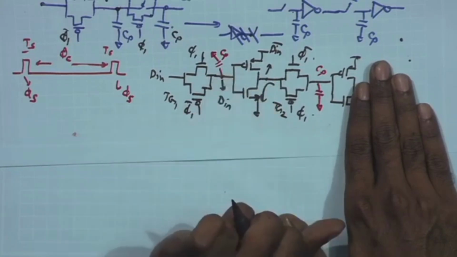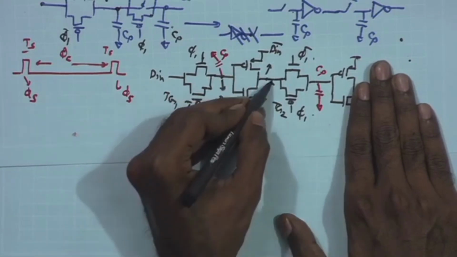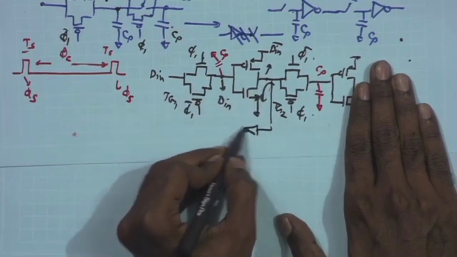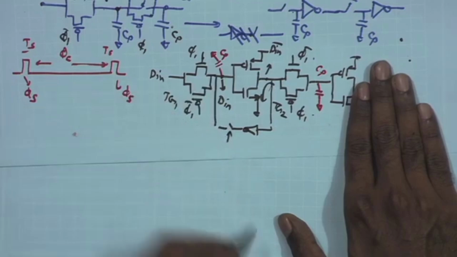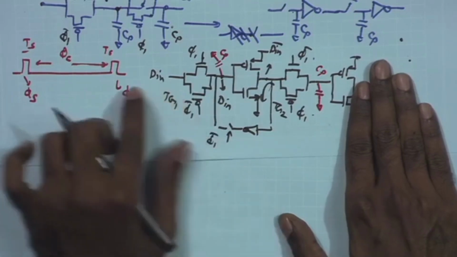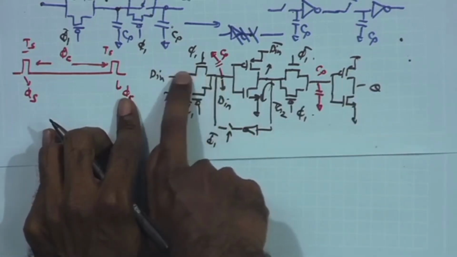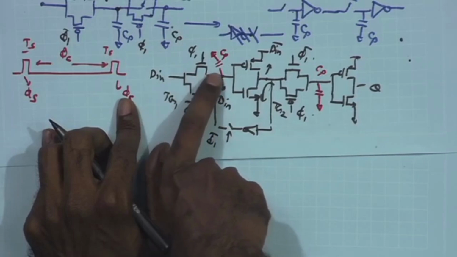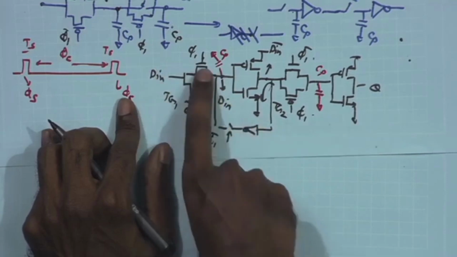So, a logical conclusion would be to add an inverter over here, and then put another switch and connect it over here. This switch should be driven by phi 1 bar. So that when phi 1 is on, this transmission gate is transparent, this node is connected to D in, and the value over here is dictated by D in. This is not playing any role in determining the data over here.